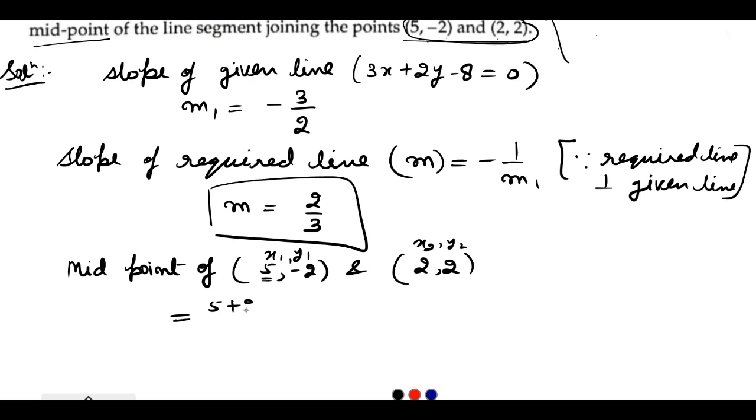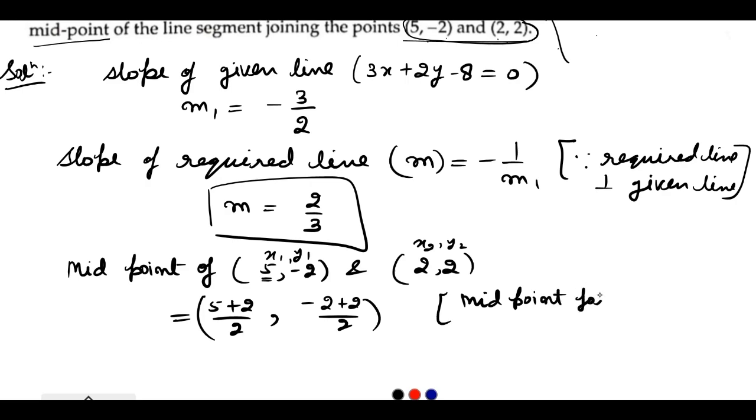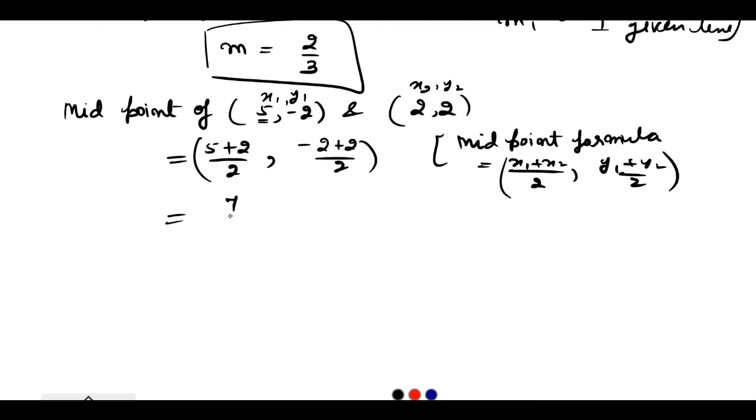We are using midpoint formula, that is midpoint is ((x1 + x2)/2, (y1 + y2)/2). That is (7/2, 0).